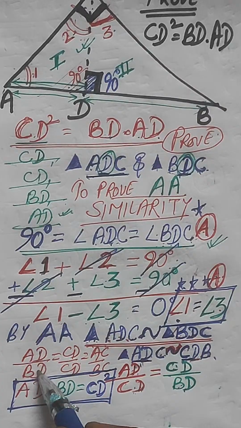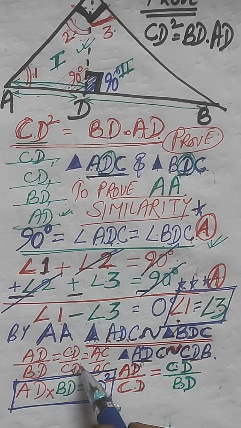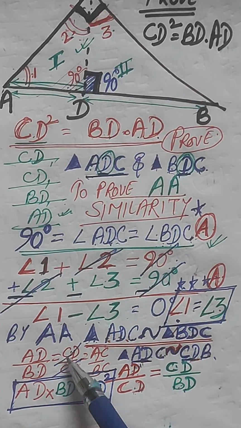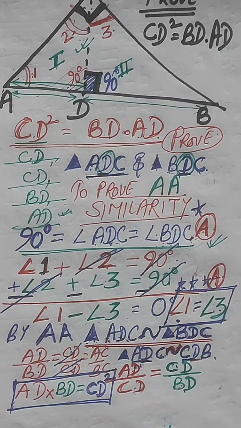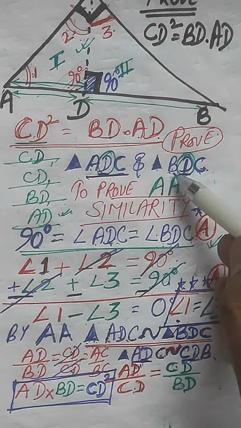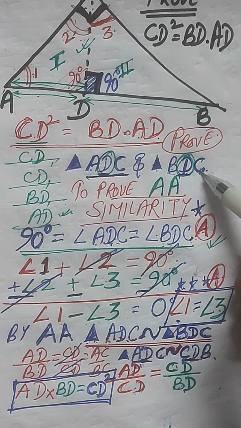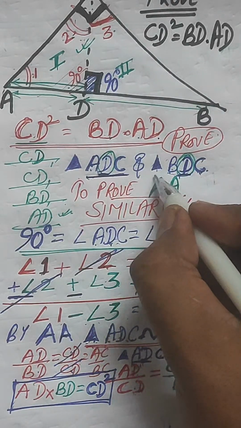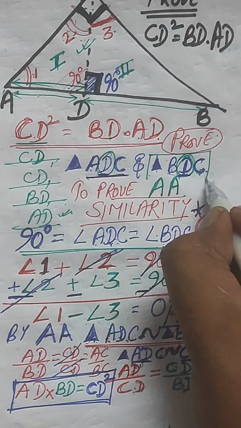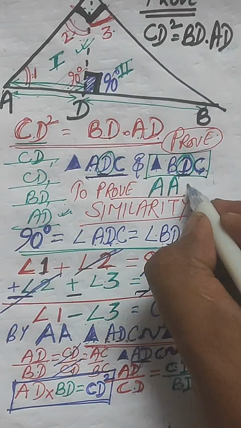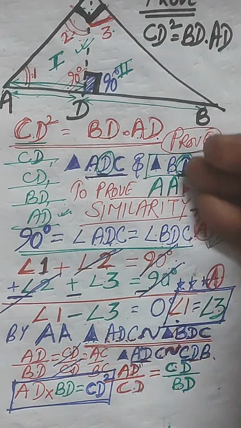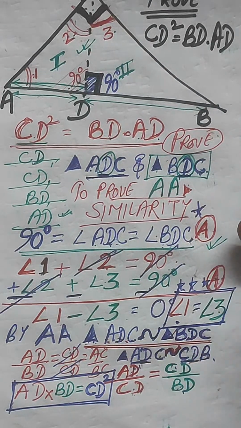You can see AD by BD equal to CD by CD, and in this way CD and CD will be cancelled out, right? So this will not give the required result. So instead of taking BDC, you should take CDB. Just change the naming of this triangle to CDB. That's it, and the rest of the proof will be as it is.